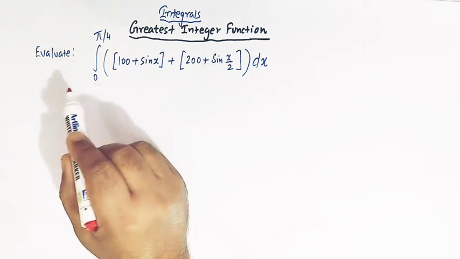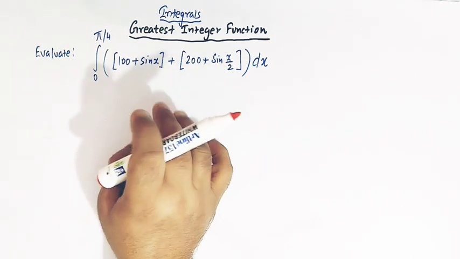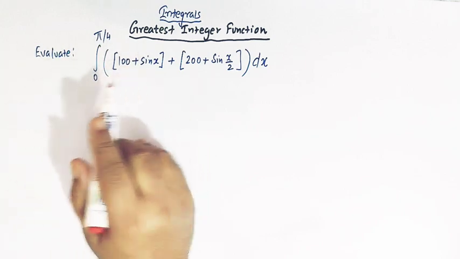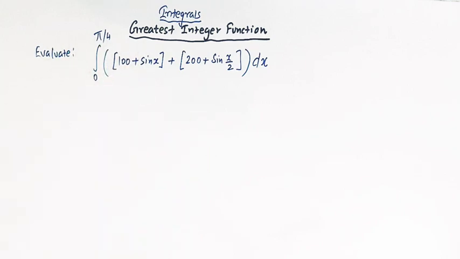In this lecture, we'll see how we can easily find the value of this integral by making use of some concepts from trigonometry and the definition of the greatest integer function.